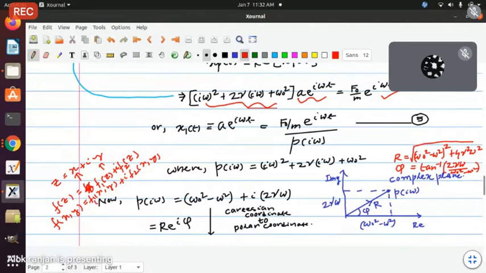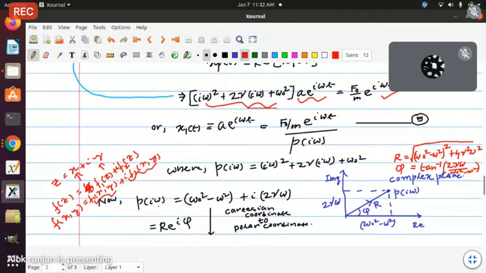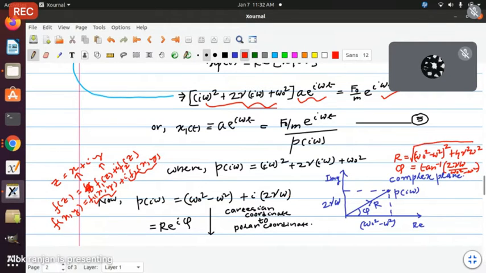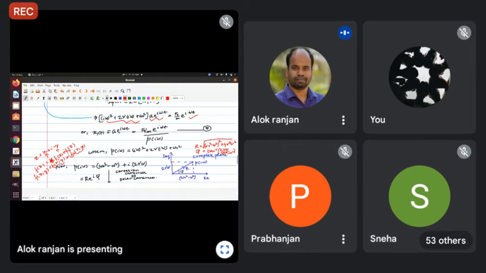Here this is the real function, this is the imaginary function. The same procedure we'll do. If we simplify, we'll get p of i omega, which is omega naught square minus omega square plus i 2 gamma omega. This is the Cartesian coordinate representation of the number: we have the real axis and the imaginary axis. So omega naught square minus omega square is along the real axis, and 2 gamma omega is along the imaginary axis.